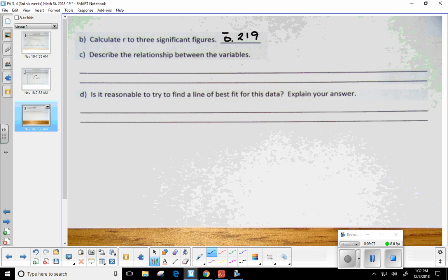All right. And I'm not going to worry about writing it down, but it says describe the relationship between the variables. So this is when we're talking about positive or negative. Well, obviously it's negative, but is there a strong, moderate, or weak relationship? I'd say there's definitely a weak relationship going on here. Because remember, whether it was positive or negative, the closer it was to 0, the weaker the relationship.